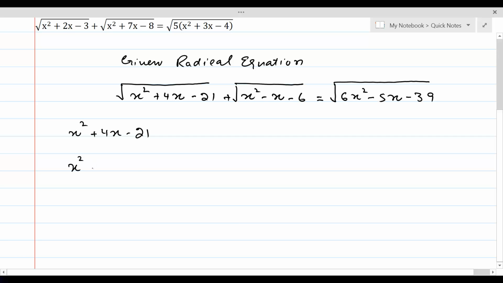So those are x squared plus 7x minus 3x minus 21.